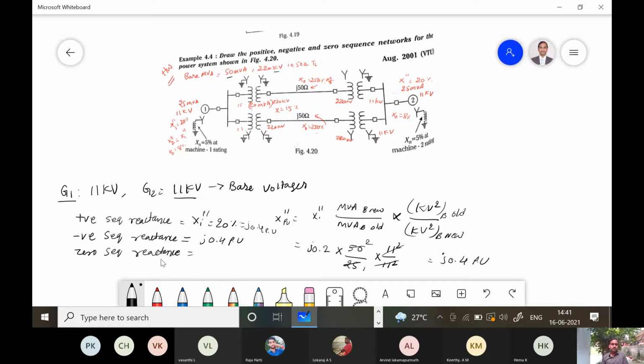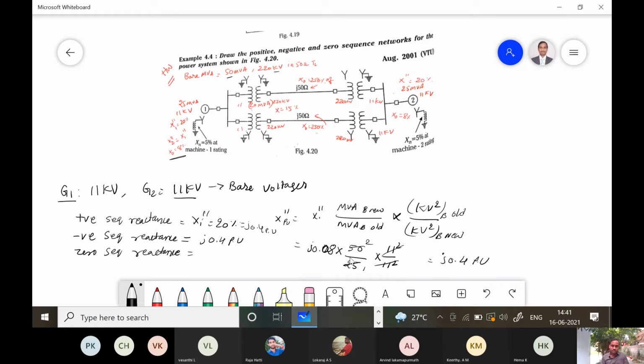Now we need to calculate the zero sequence reactance of the synchronous machine. The zero sequence reactance X naught is given as 8%. So 8% means j0.08. In the place of 0.2, substitute j0.08, and the remaining terms are the same: 50 by 25, 11 squared by 11 squared.